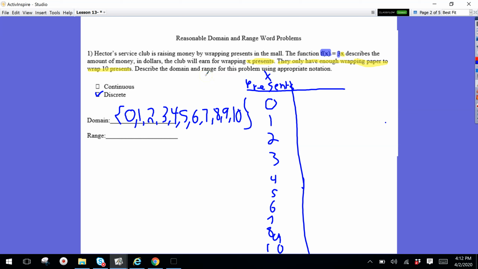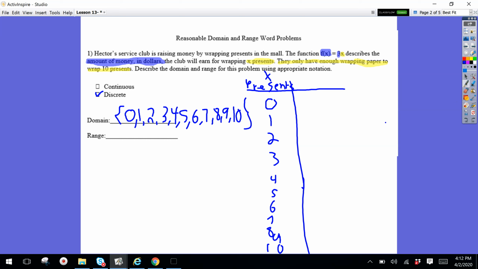So f of x, let's go back here to see what it means. It is usually describing what the function is about. So they're saying that the function f of x equals 3x describes the amount of money in dollars. So remember, your output, or your f of x, is always the function value.